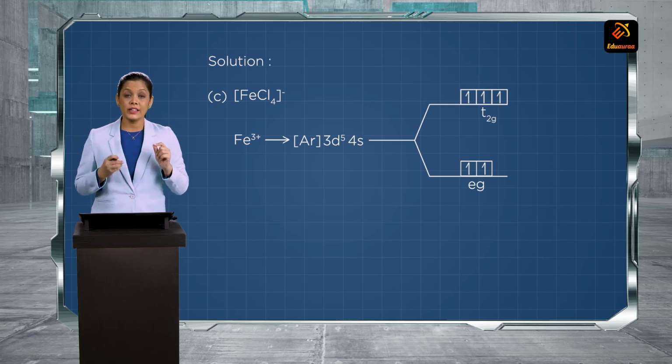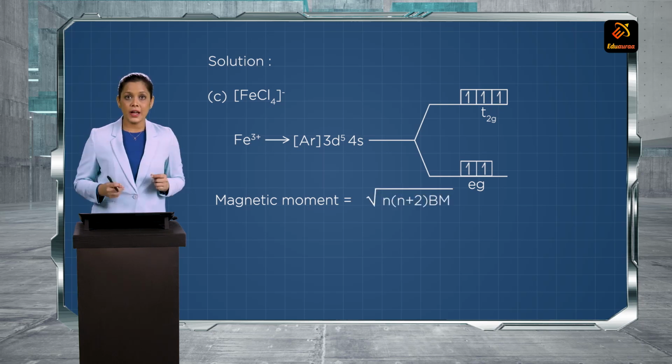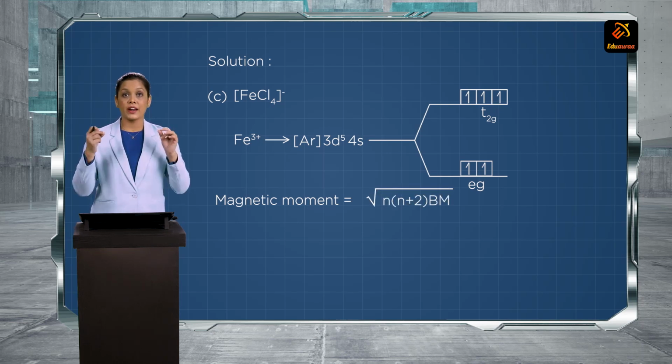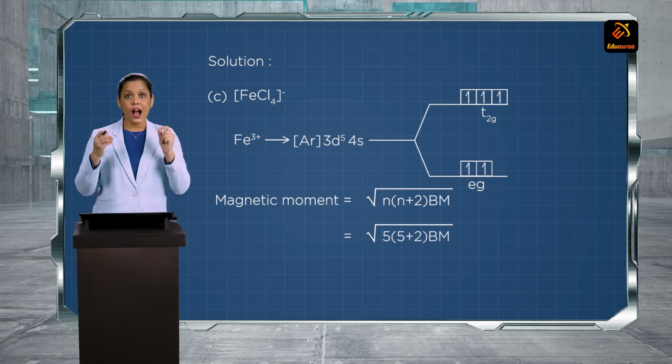The magnetic moment for this particular configuration will be root of n(n+2) BM, where n is the number of unpaired electrons. So here, the number of unpaired electrons being 5, you substitute n with 5.